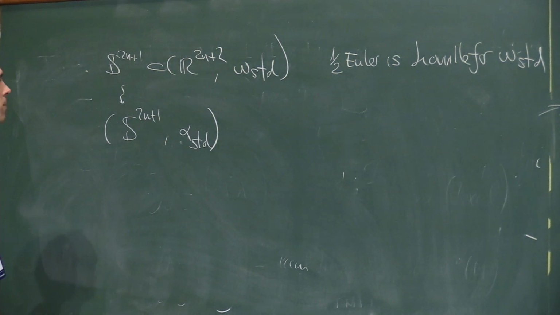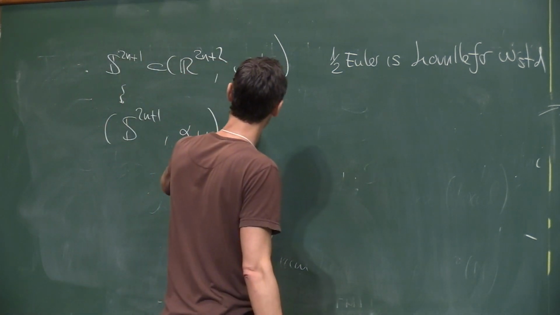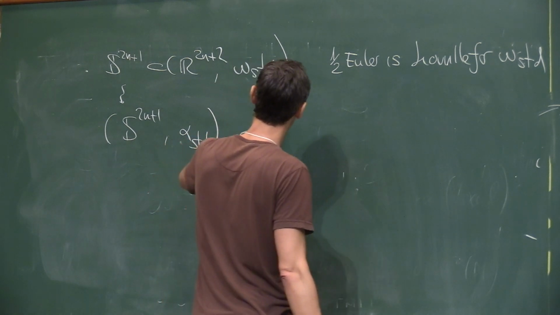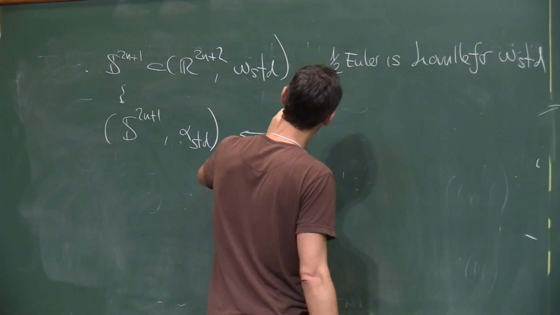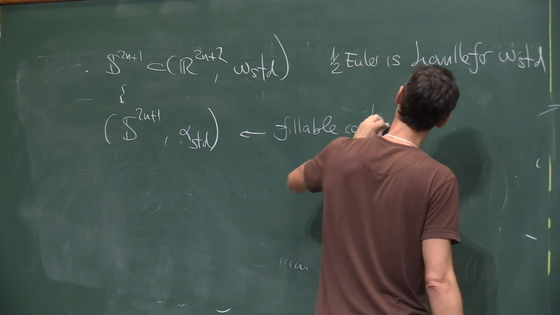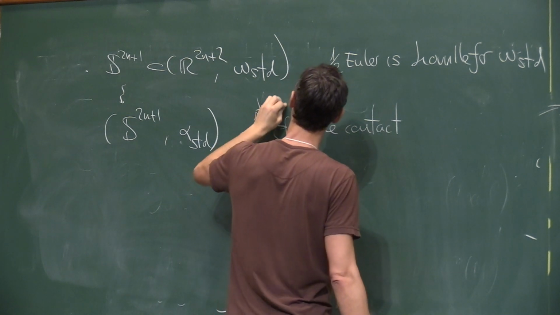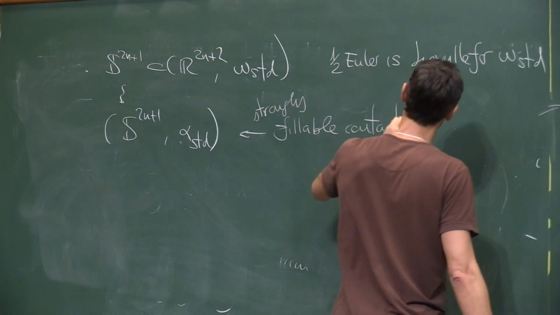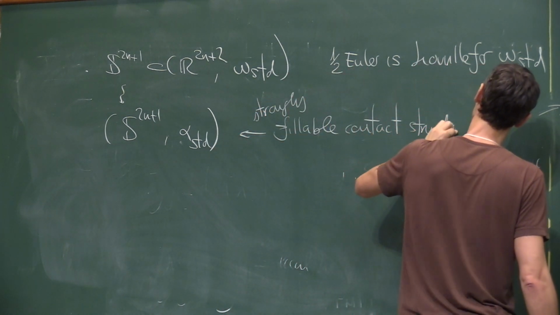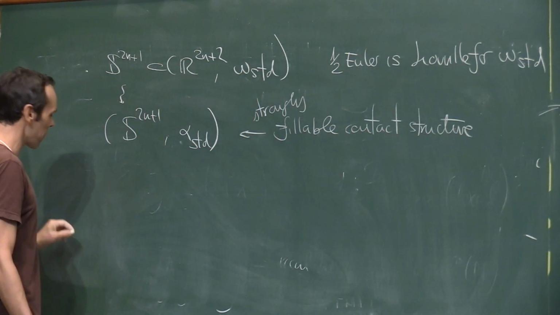I erased the theorem. All right, so let me tell you that this is an example of a fillable contact structure, or I would say here a strongly fillable contact structure. So how do you define in general a fillable contact structure?